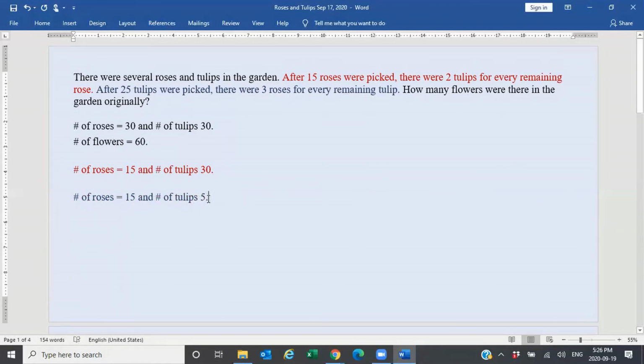So we know that the statement is true. We checked both parts of the sentence, therefore we know our answer is correct. Answer 60, because the question asked, how many flowers were there in the garden originally? So 60 is the right answer.